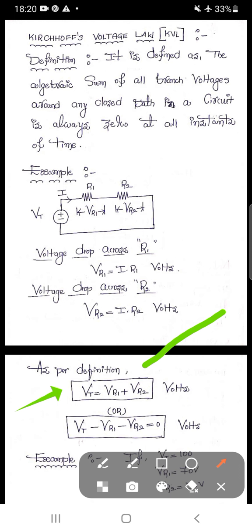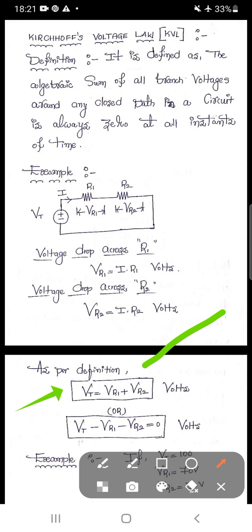When the applied voltage Vt is equal to the sum of the voltage drops across the individual resistors VR1 and VR2, then Kirchhoff's voltage law is verified.